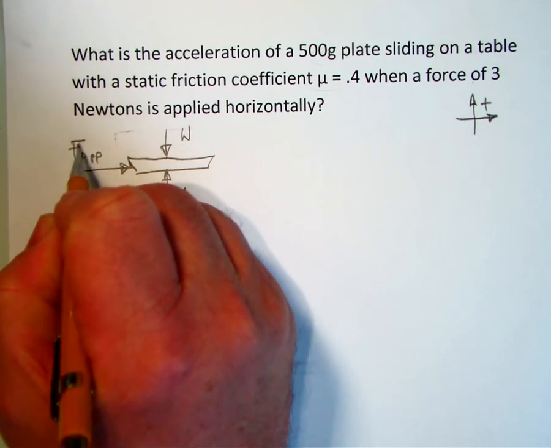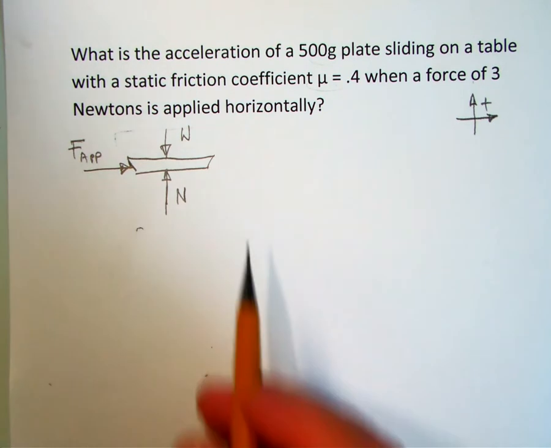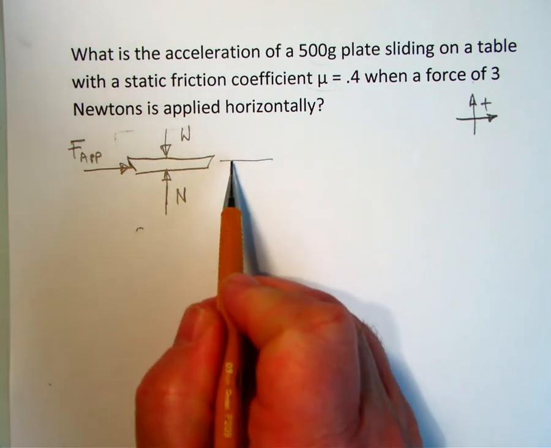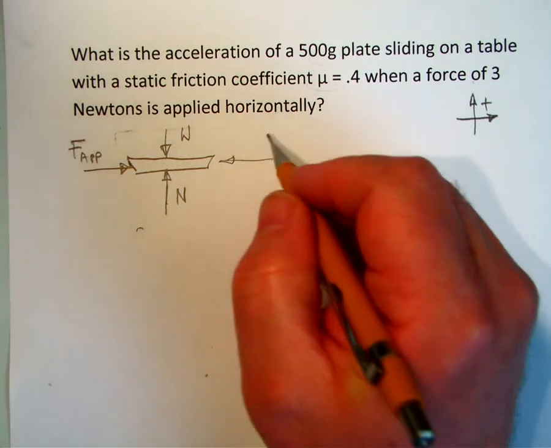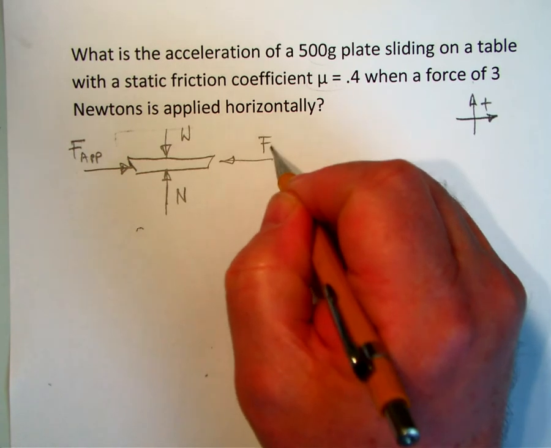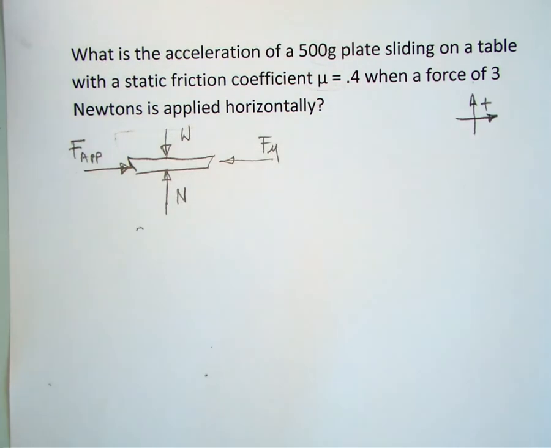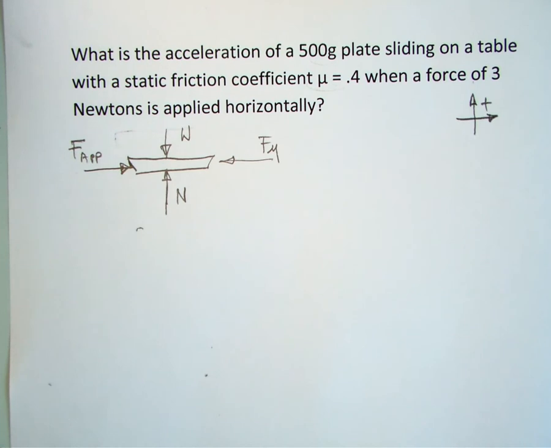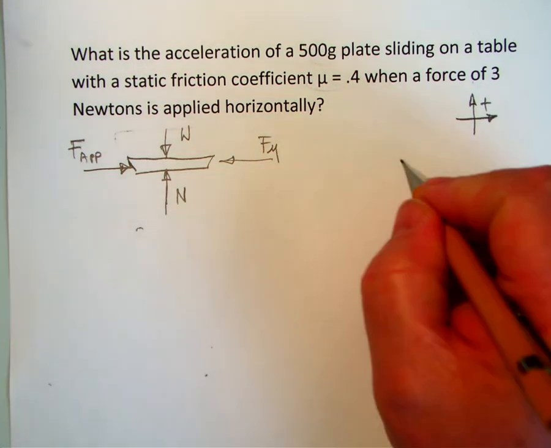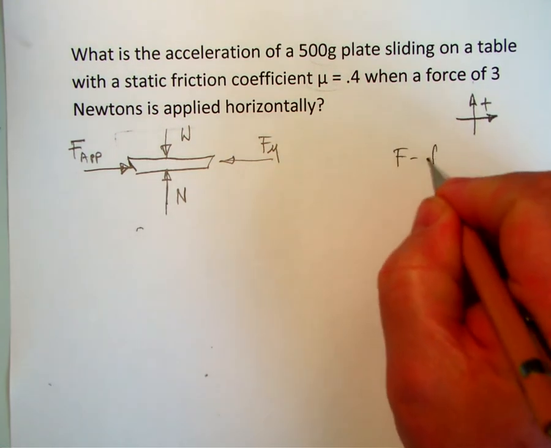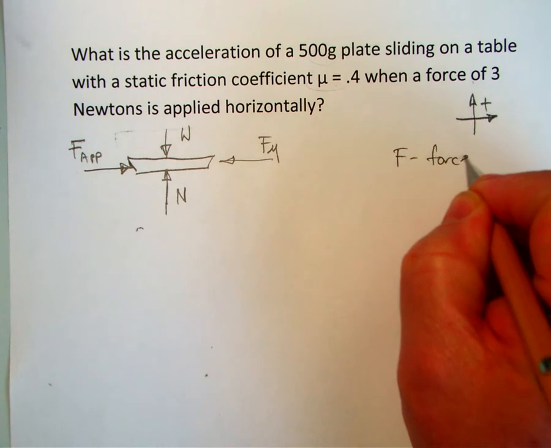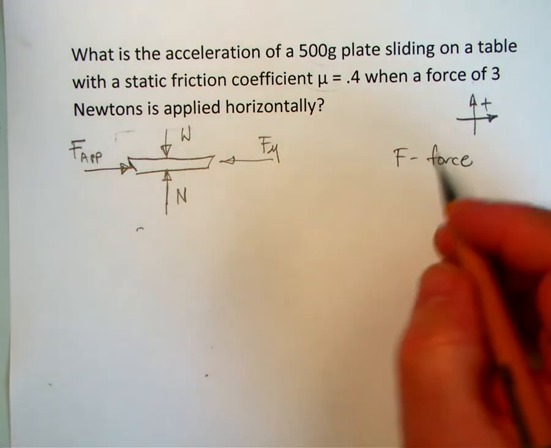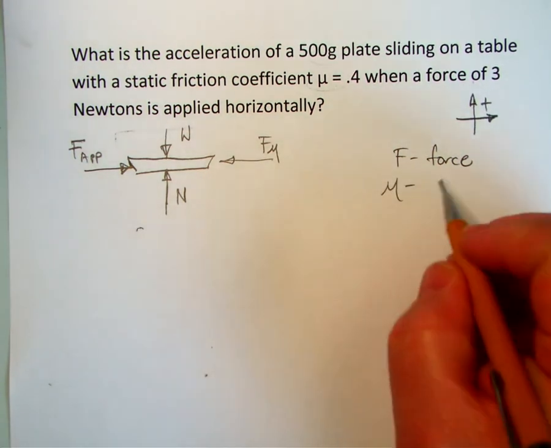Force applied. Okay? Well, what resists that force applied? The force of friction. Okay? And we're going to call that F sub mu. That pretty much tells us that that's a friction force. Okay, so of course now we have to start saying this over here so everyone's clear about what thing we're talking about.